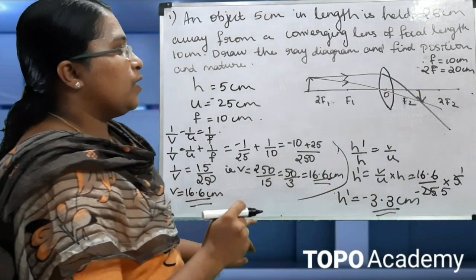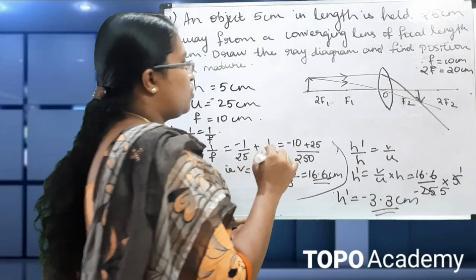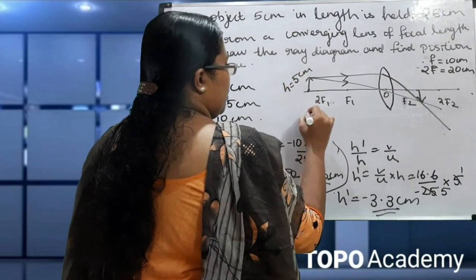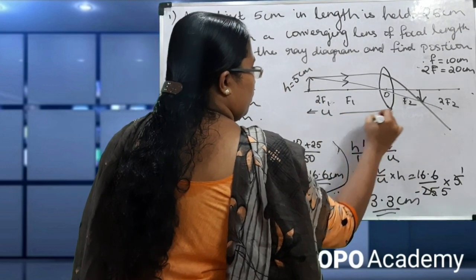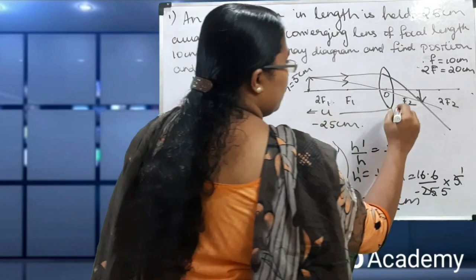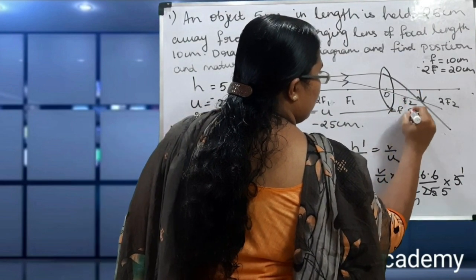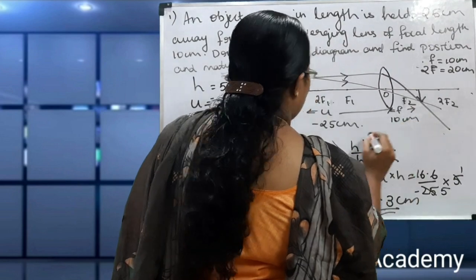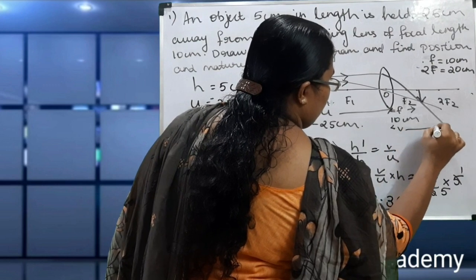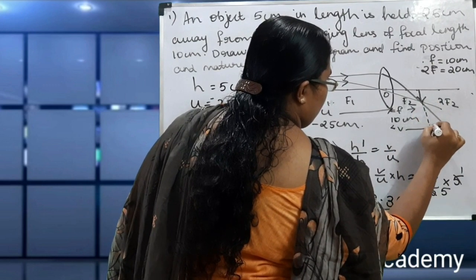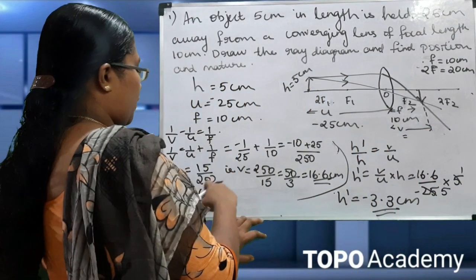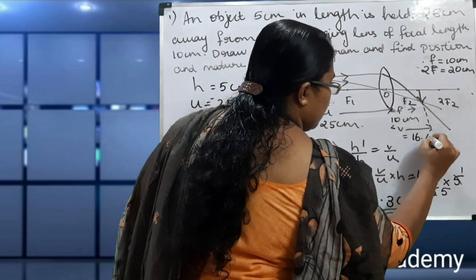The image is formed between F2 and 2F2. So here the object is here, h is equal to 5 centimeter. This distance U is equal to minus 25 centimeter. This is the focal length, f is equal to 10 centimeter, and this is V. What's the value of V? 16.6 centimeter.